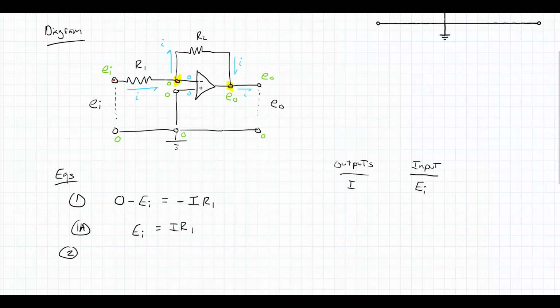Right, so let's see what happens. So let's see what's the voltage drop as I go end point minus start point. Well, I'm ending at EO, but I'm starting at, well, 0. So end point minus start point, my end voltage is Eout, my start is 0. And I'm going across one element here, R2. So I'm going to have a drop of the current, which is actually also I, times the resistance, which is R2.